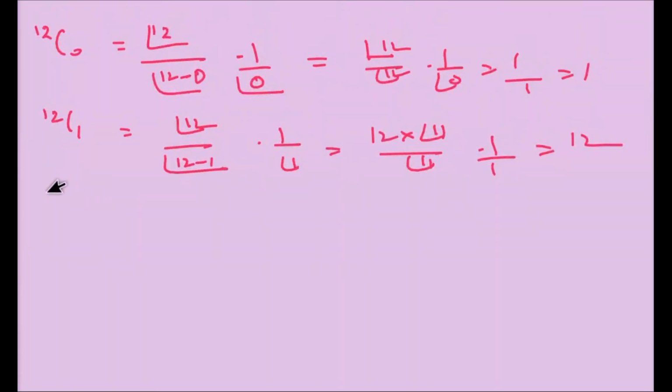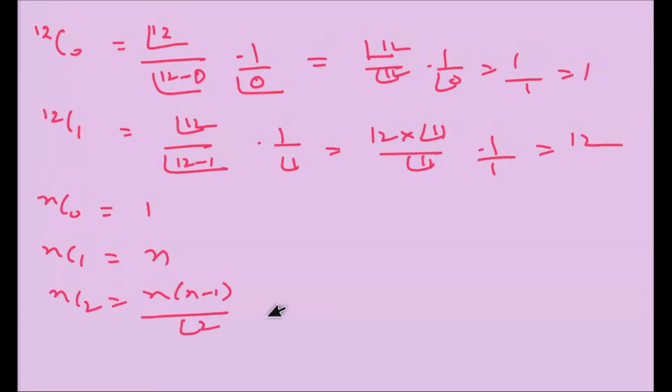So we can say this way: nC0 equal to 1, nC1 equal to n, nC2 equal to n into n minus 1 upon factorial 2. This way we can solve.